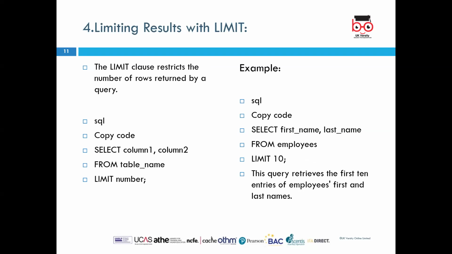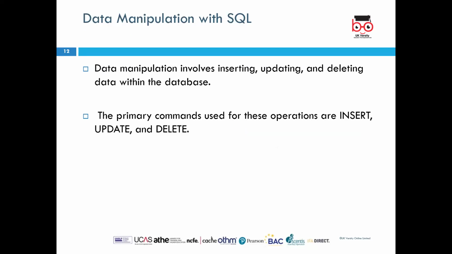Limiting results with the limit clause, we can restrict the number of rows returned by a query. So this query will retrieve the first 10 entries of our employees' first and last names, because we've set a limit of 10 values.